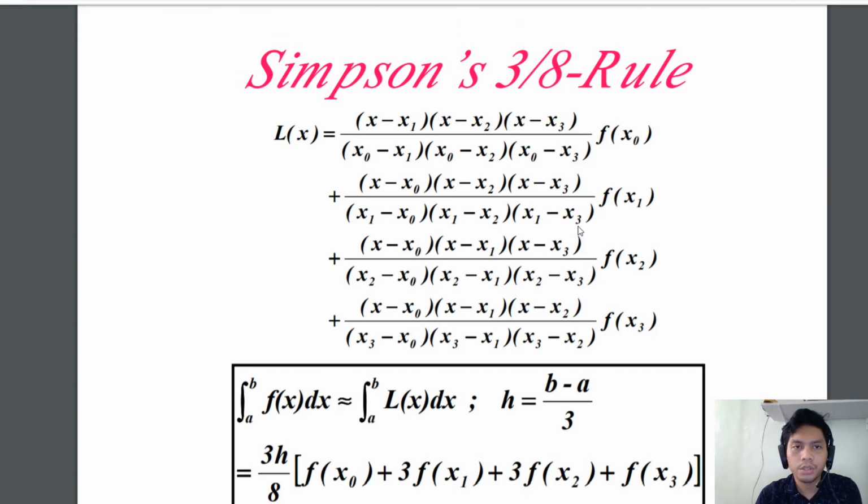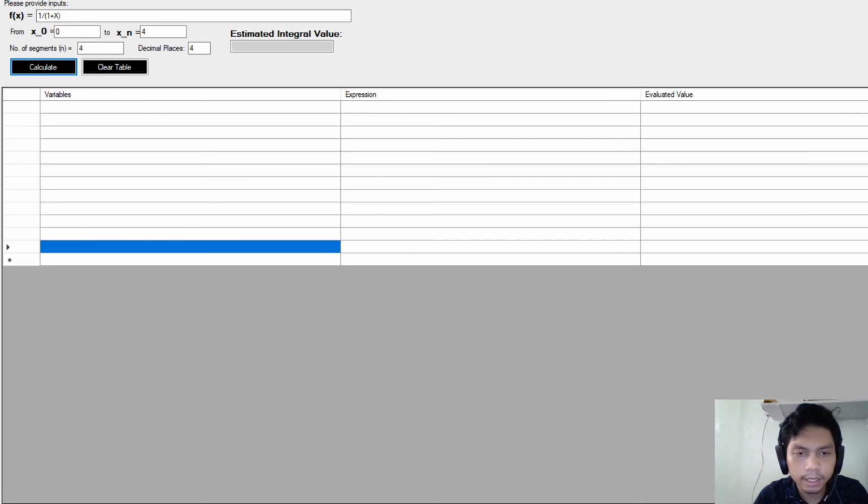Now let's try showing the error. Say we did not follow the manual and we input 4 as the number of segments.